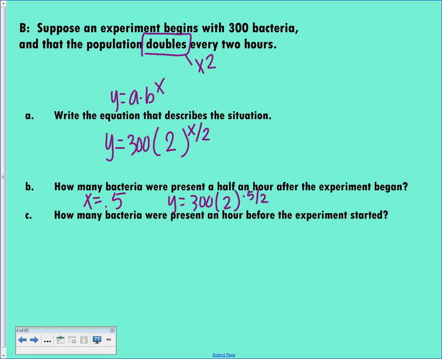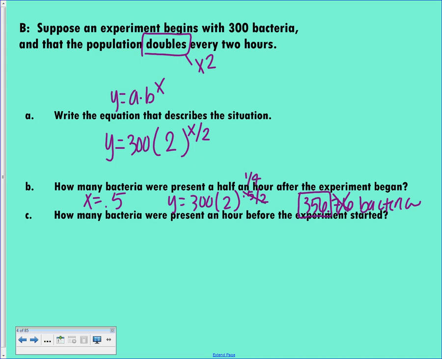It would probably do you well to do 0.5 divided by 2 first to get 1/4, and then do 2 to the 1/4 power, and then multiply that by 300, and you should get about 356.76 bacteria. Probably even better just to say 356 bacteria, because it's a bacteria. You're not going to have a portion of a bacteria.